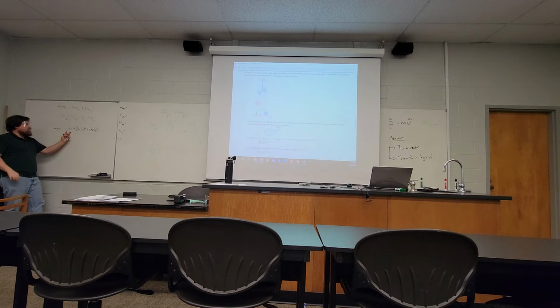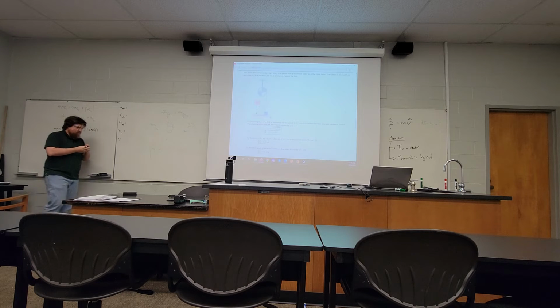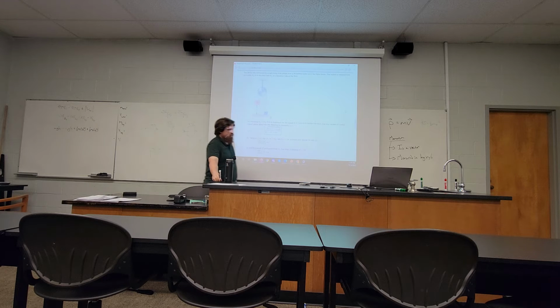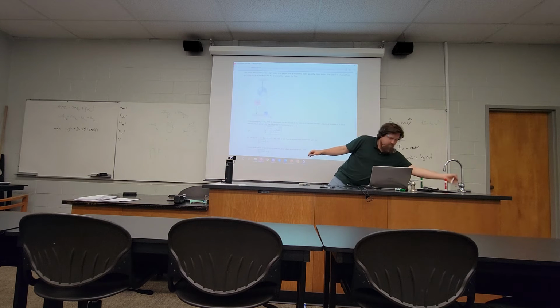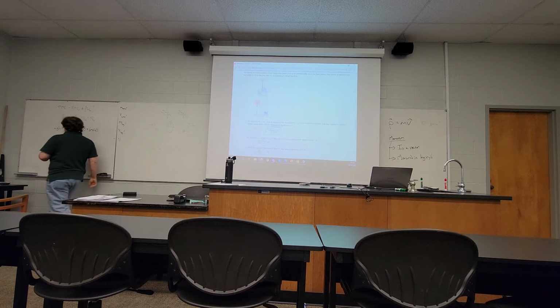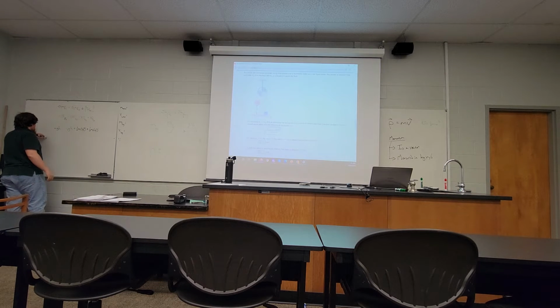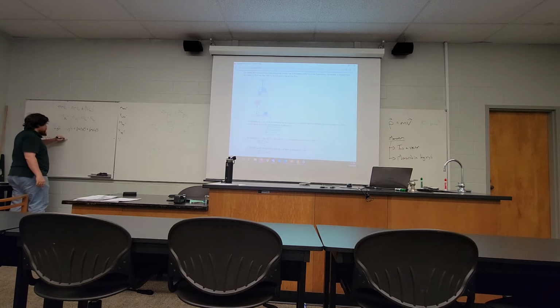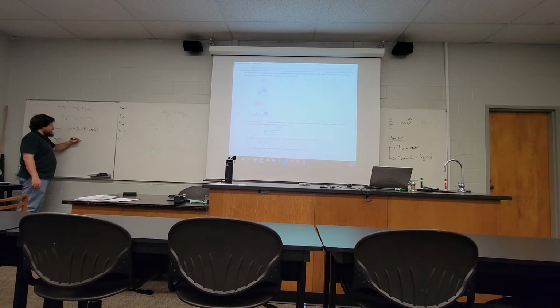I'm going to move this GPE term to the left since it doesn't have a V in it. So that's going to be M1 GH minus M2 GH equals 1/2, using the distributive property, M1 plus M2 times VF squared.